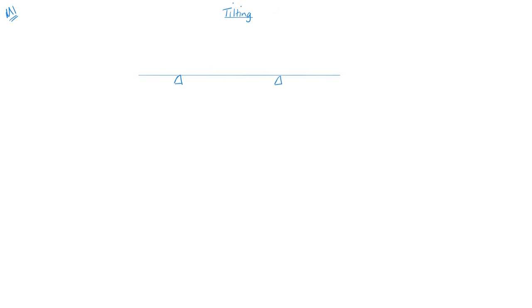For example, I've got this beam AB, and it's resting on these pivots C and D. This is the reaction at C, and this is the reaction at D. Let's call it a uniform rod of weight 20 kilograms.